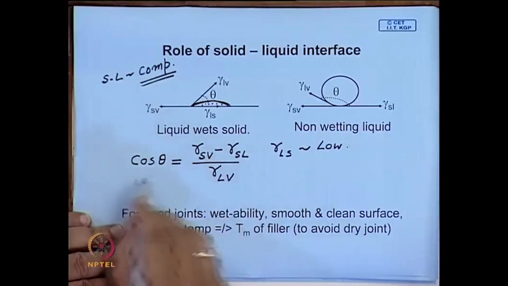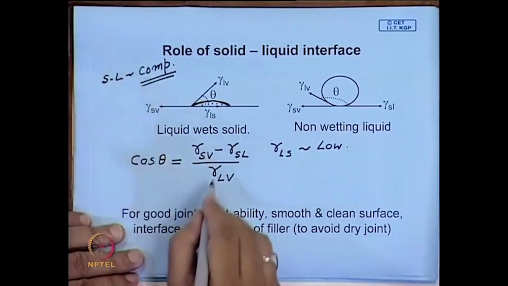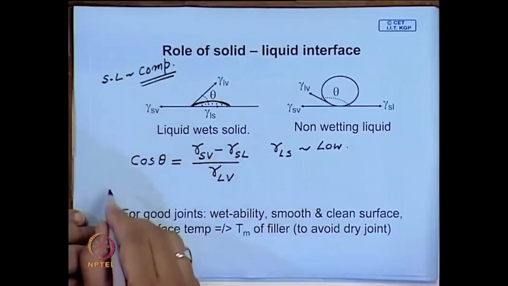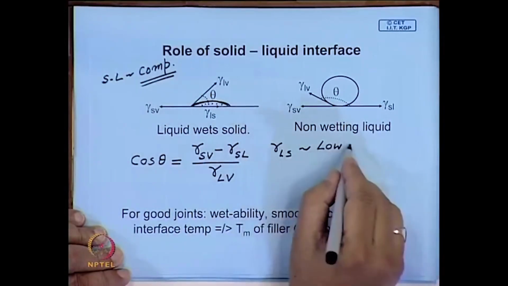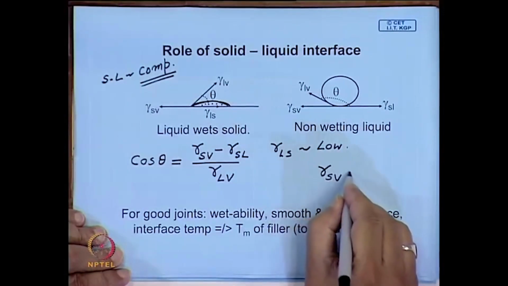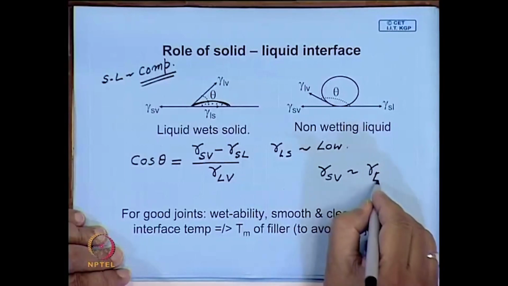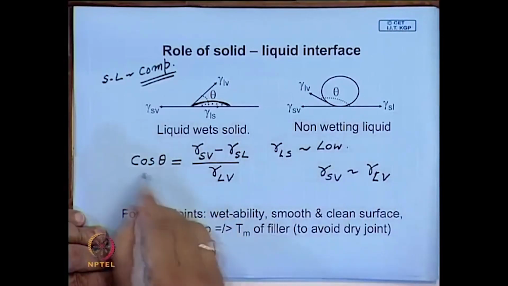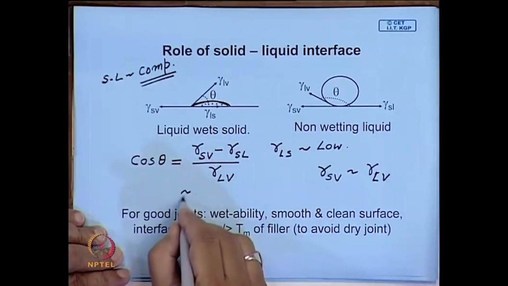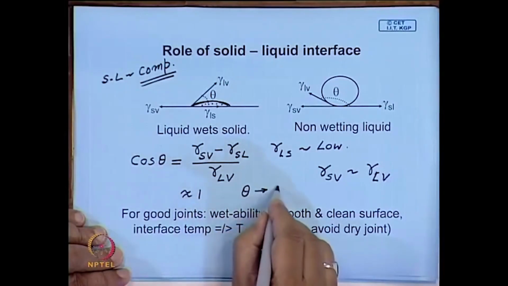What we know is that the solid and liquid are nearly the same. Therefore, we expect that gamma solid liquid is low and gamma S V is nearly equal to gamma L V. So this is nearly equal to 1, and therefore theta will approach 0.